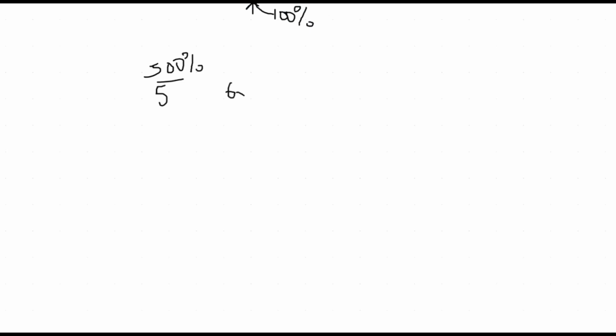Let's say increase by 0.3%. 0.3% over 100, you have 0.003. Then you add your 1, you have 1.003. Then you multiply by your x, and you are good to go. That's how you solve percent increase or percent decrease questions, and that's very easy.